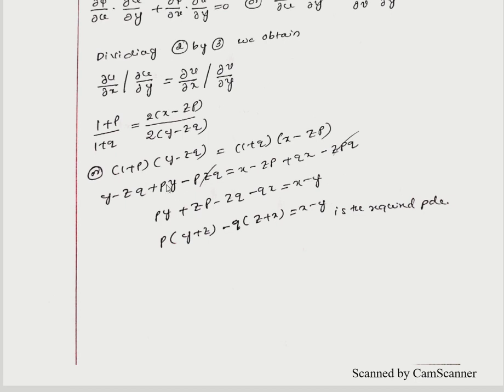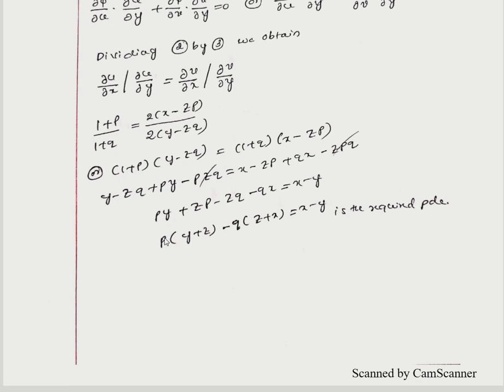What is the remaining term? py, shifting this term, minus zp plus zp minus zq, next shifting this term minus qy, equals the x term, and y shifting to the left side becomes minus y. Next take the p terms.